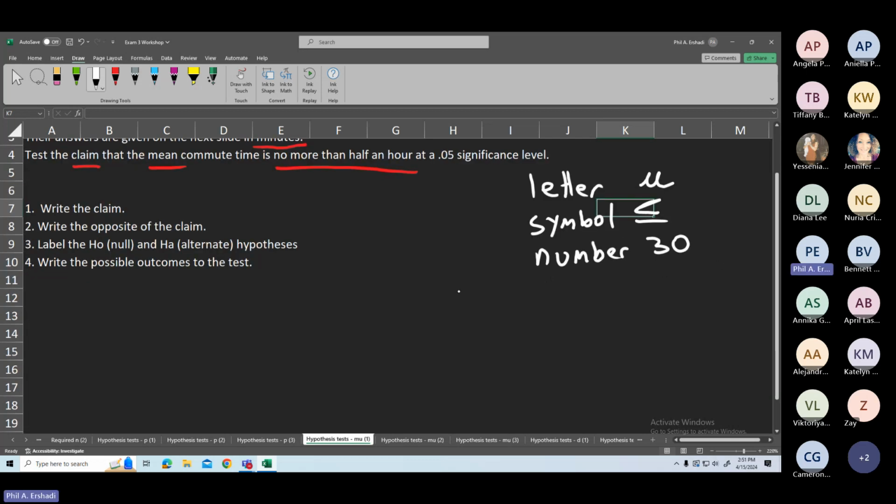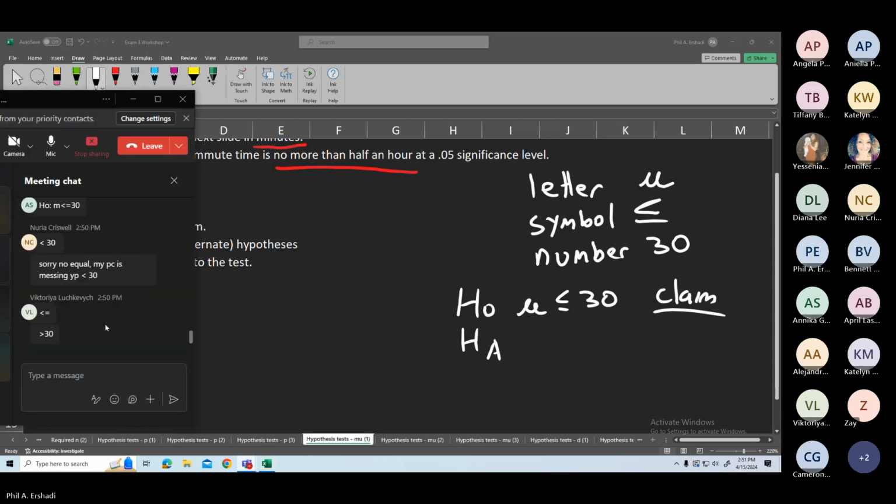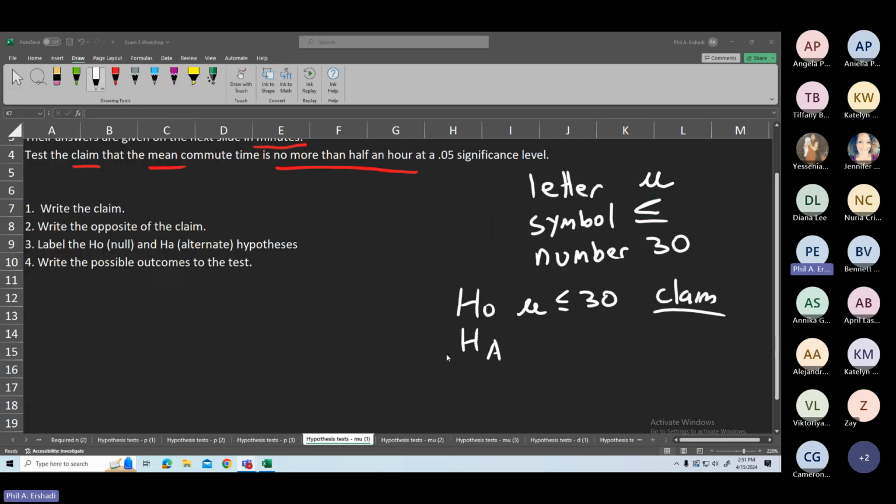So we will say null, mu less than or equal to 30, and that is the claim. So how would I write the alternate? Greater than 30, right? So we'll say mu greater than 30.